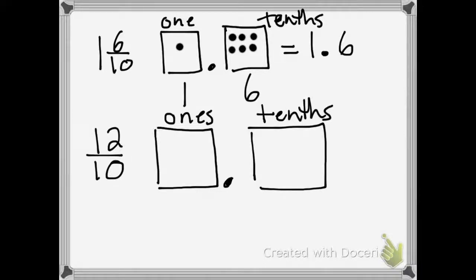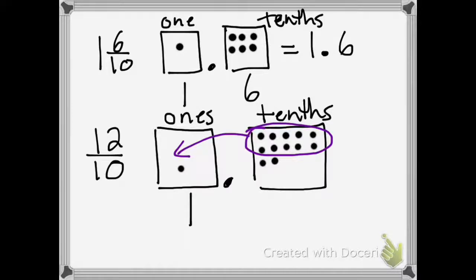Okay, and I've got 12/10. 1, 2, 3, 4, 5, 6, 7, 8, 9, 10, 11, and 12. And what happens then is these 10 get regrouped and so I have one whole, 2/10 left over, so 12/10 is the same as saying 1 2/10.